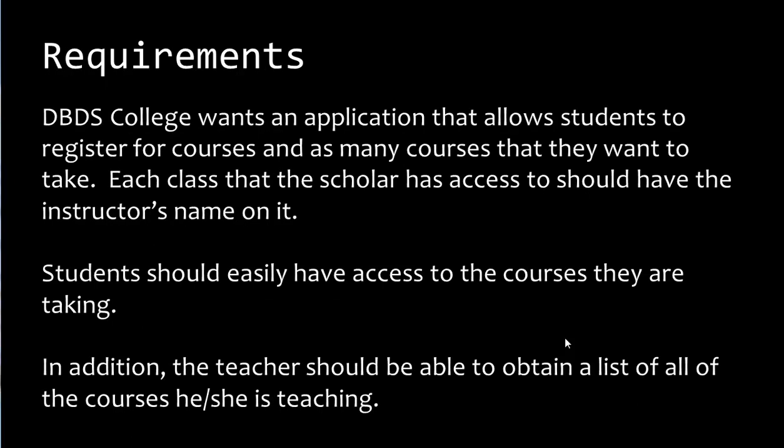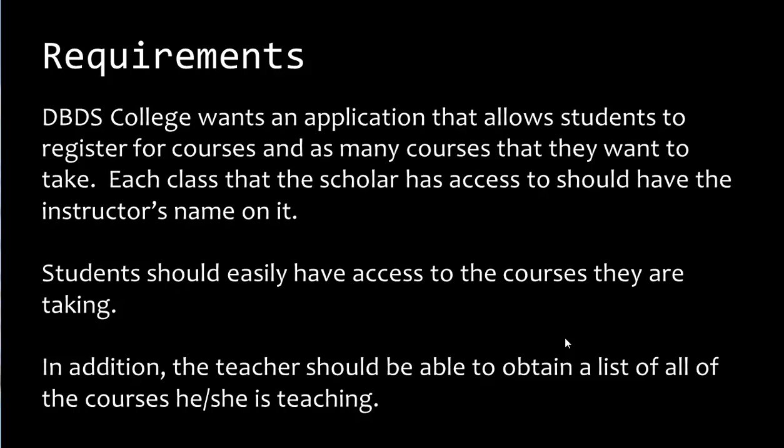Okay, with that said, we looked at the requirements. So here are the requirements. Let's just assume we gathered these, and you wrote all these down. You wrote down: DBDS College wants an application that allows students to register for courses and as many courses as they want to take.